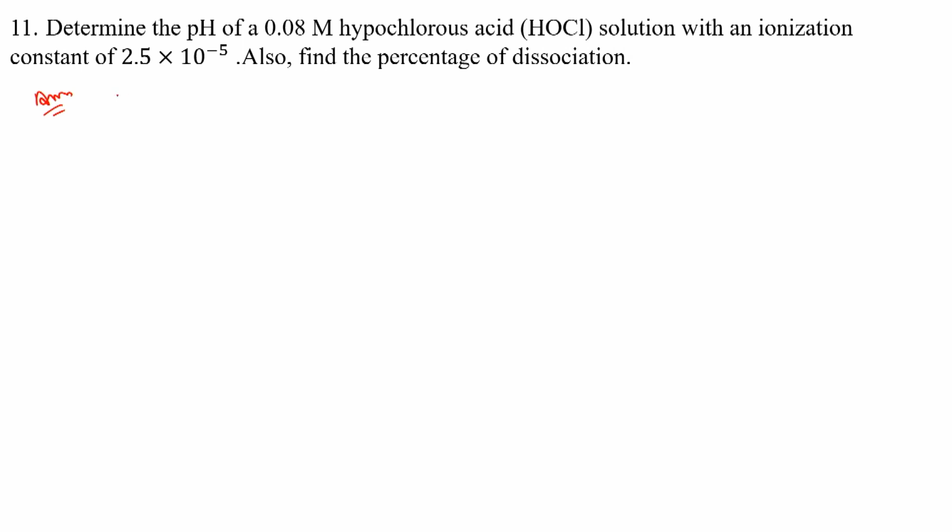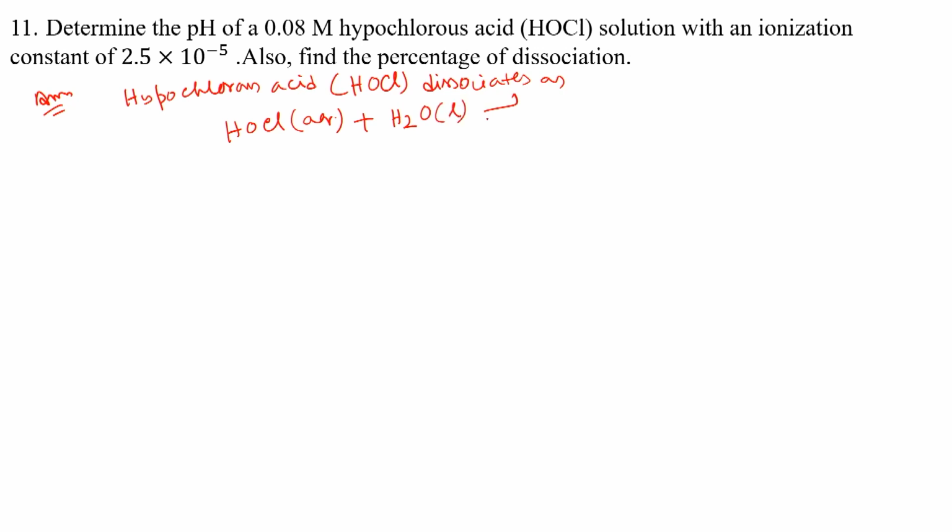Hypochlorous acid HOCl dissociates as: HOCl aqueous plus H2O liquid gives H3O plus aqueous plus ClO minus aqueous.